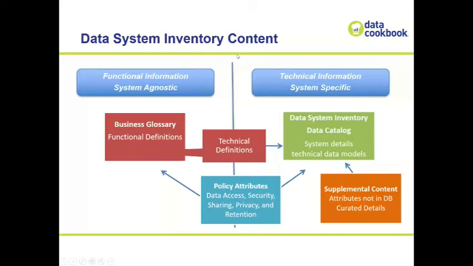Your overall data system inventory contains information about the high-level systems, the technical data models, any supplemental content not derived from that data model directly, any policy attributes, and then maybe a relationship with other data governance content like the business glossary.